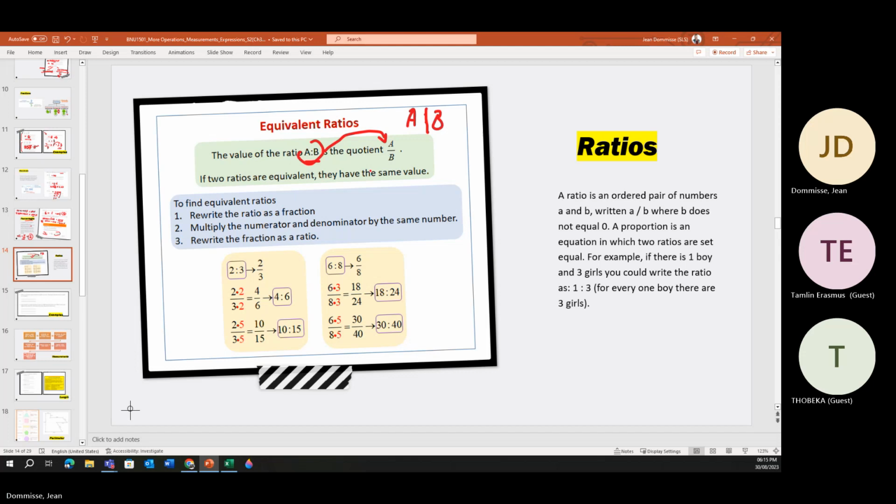So they can once again ask you to write the fraction. They can ask you to write the ratio as a fraction.